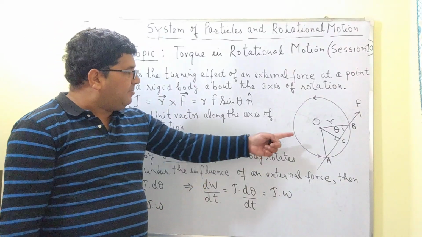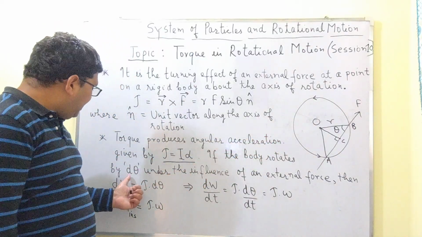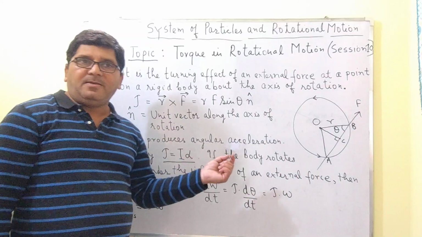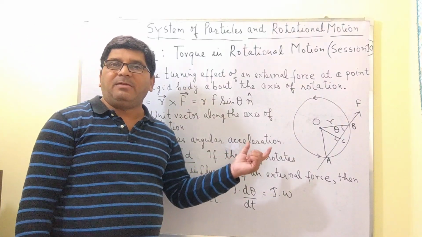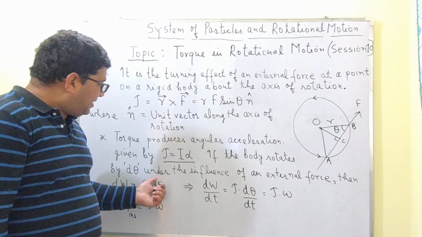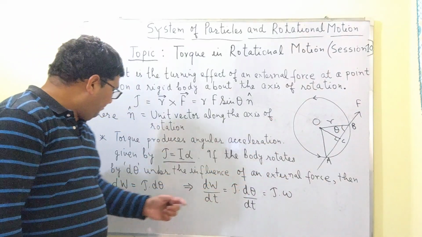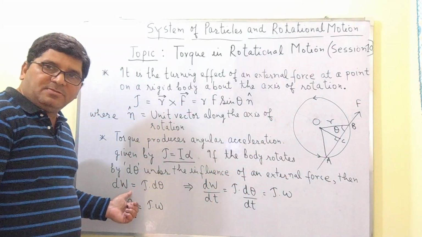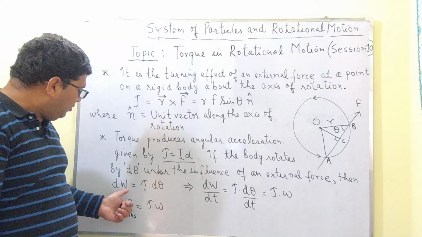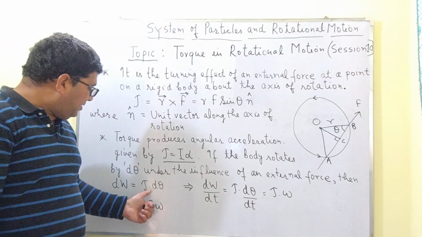Now if this body rotates by say d theta in time dt, then under the influence of this external force, the work done will be given by dW equal to torque into d theta.